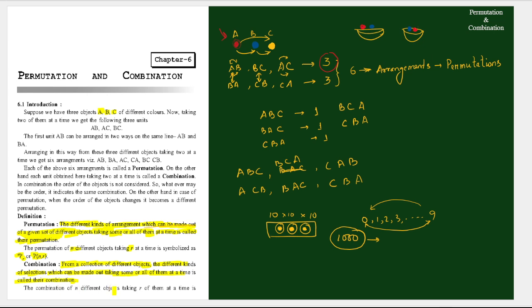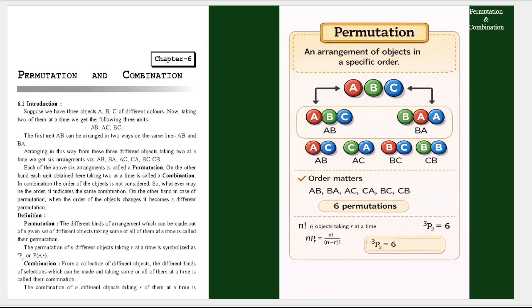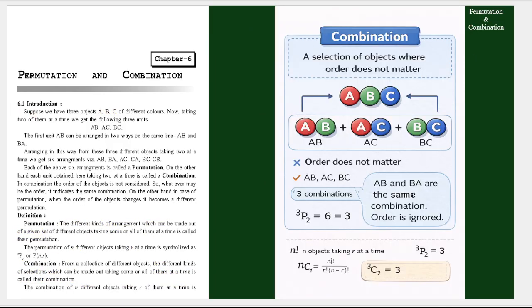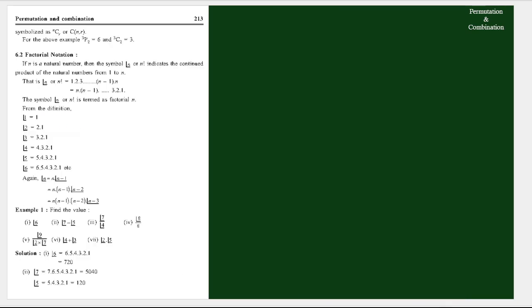The combination of n different objects taking r at a time is symbolized as nCr, or you can write C within brackets n comma r. So 3P2 permutation will be 6 and our combination will be how much? 3.